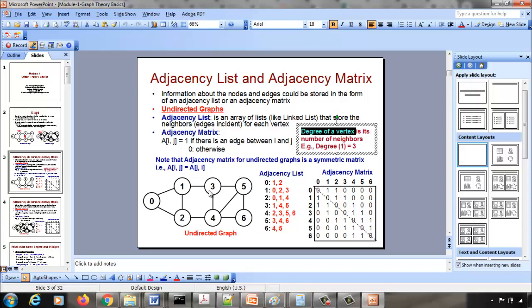For example, the distance between two cities could be the weight of an edge, or the cost to go from one airport to another airport could be the weight of an edge. But most of the time we'll deal with undirected graphs with no weights for the edges. Sometimes in this course we'll look at weighted graphs also.